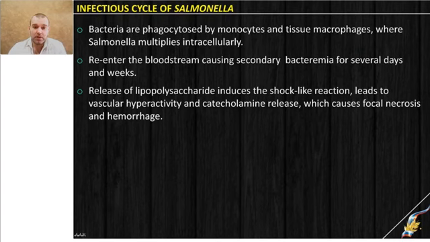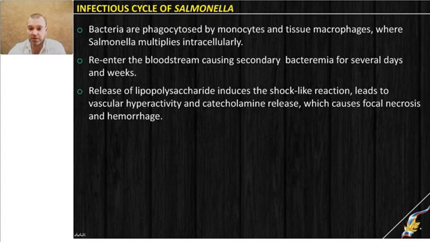When bacteria spread via blood circulation through the whole body, usually they will affect regional or tissue macrophages and blood macrophages, monocytes, where Salmonella will multiply intracellularly. Previously, those cells were named the reticuloendothelial system. You can use that definition as well.